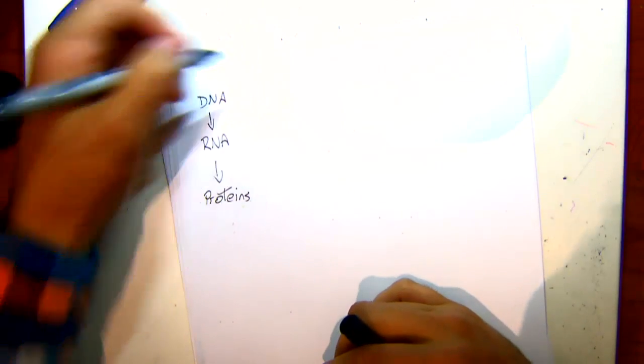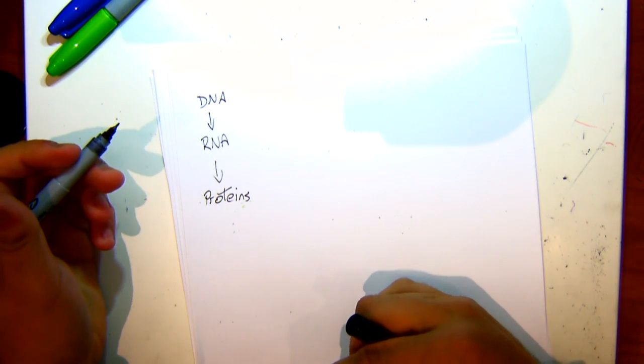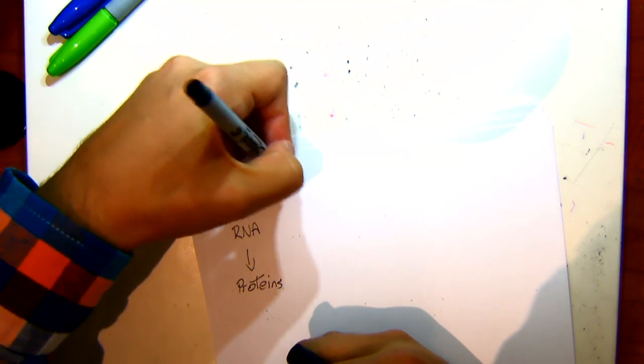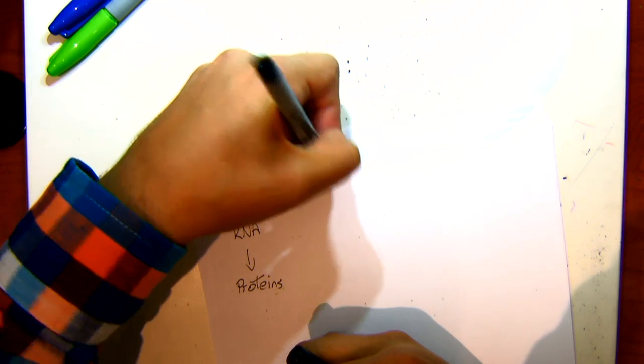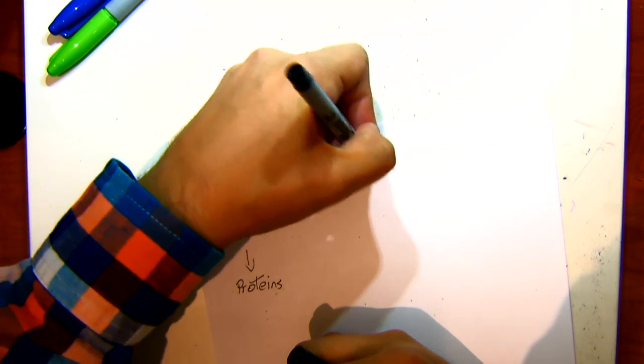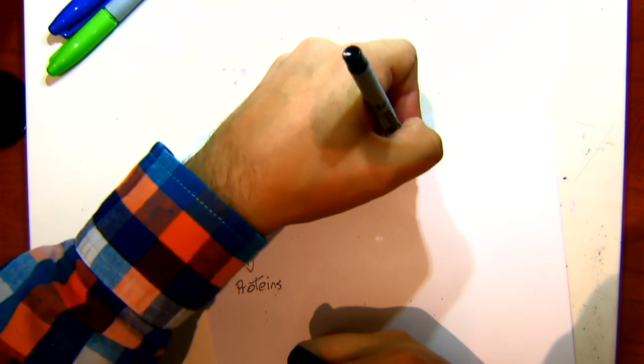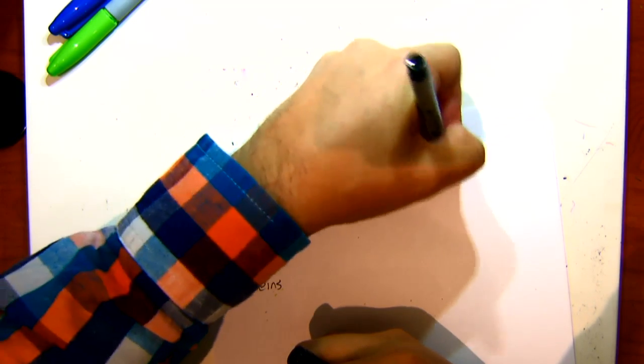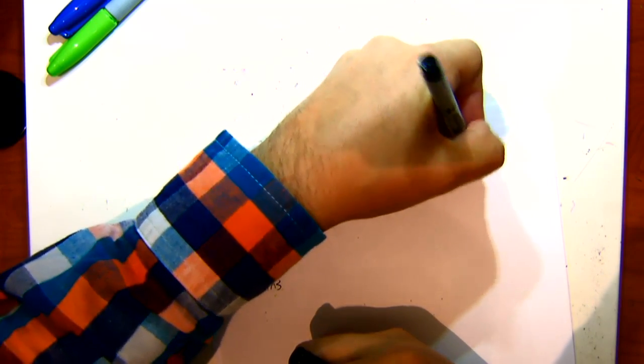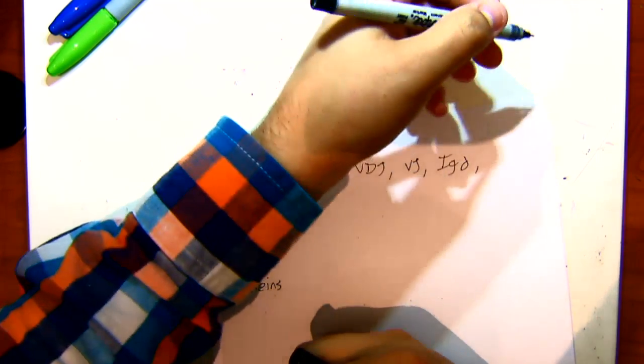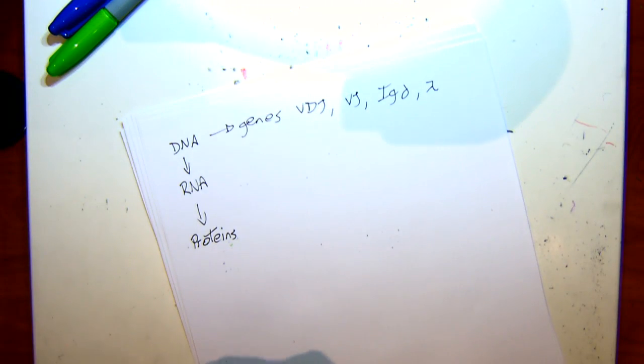The DNA for antibodies or even the TCRs is all the same basic concept. You have your genes that code for your VDJ, your VJ, your isotypes, so Ig gamma, lambda, and so on, depending on whether it's heavy chain or light chain.